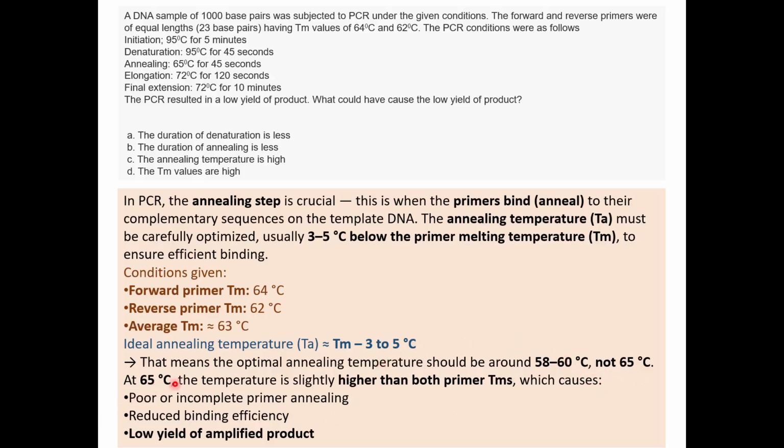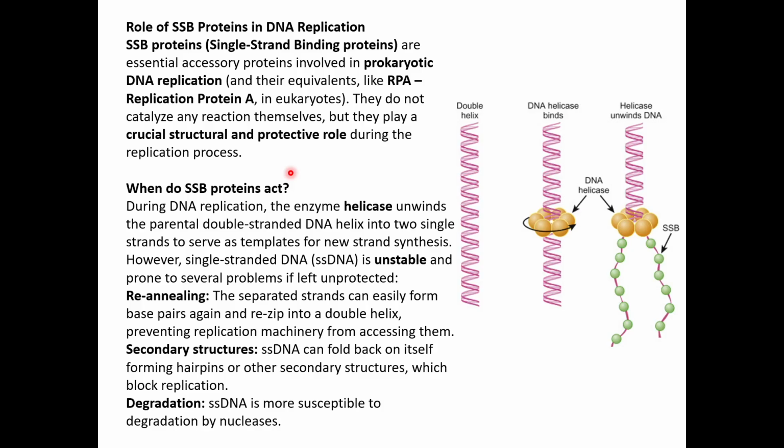At 65 degrees, the temperature is slightly higher than both primer TMs, which causes poor or incomplete primer annealing, reduced binding efficiency, and low yield of the amplified product. So that is the reason the PCR resulted in a low yield of product: the annealing temperature is high.